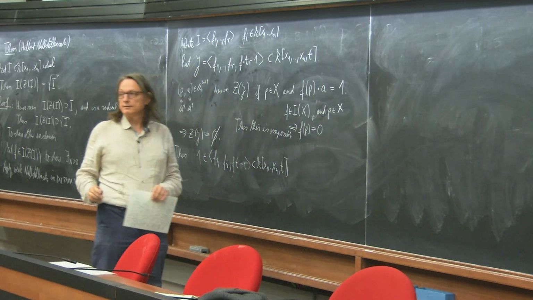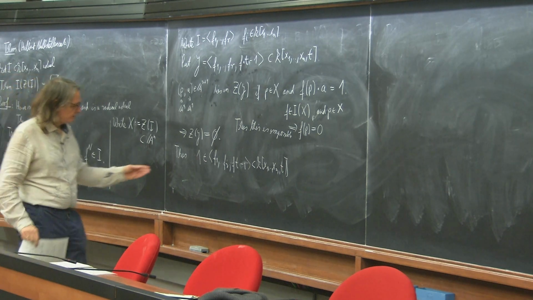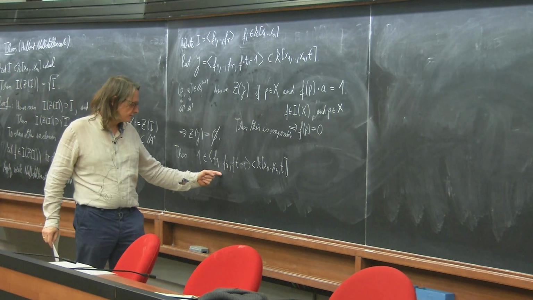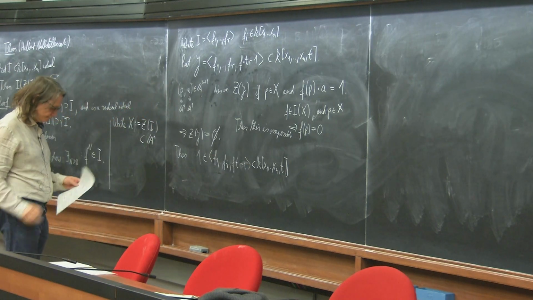Now, we can write this. We have to write out what this means. We can write 1 as a linear combination of these polynomials with coefficients in k[x1 to xn, t].